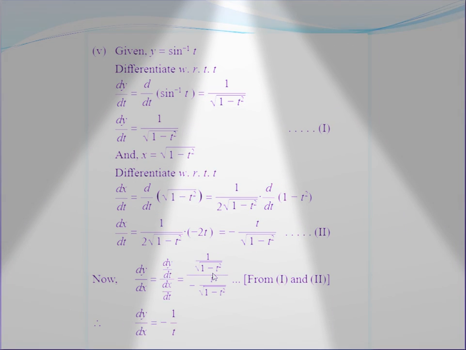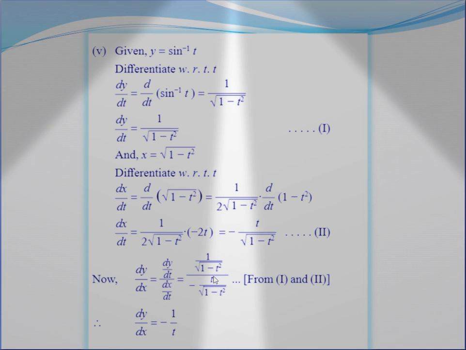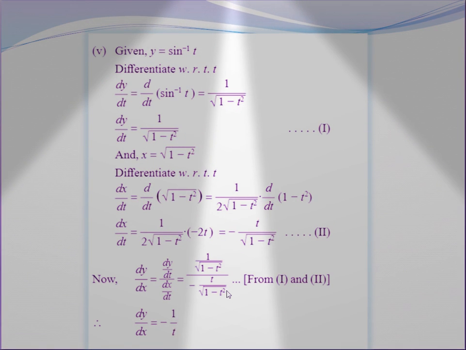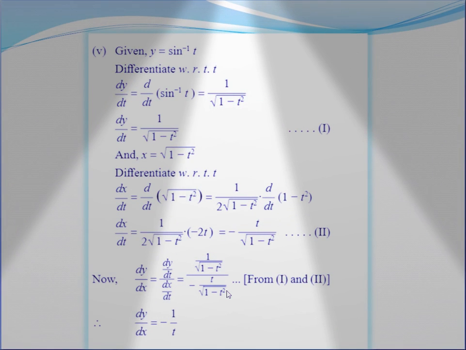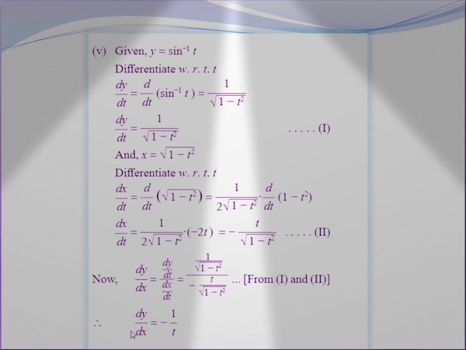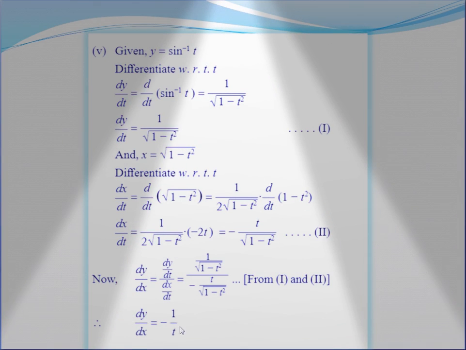Now taking the reciprocal of the denominator term, we get 1 upon under root 1 minus t square into minus under root 1 minus t square upon t. Therefore the under root 1 minus t square cancels out. Remains only dy upon dx is equal to minus 1 upon t. This is the answer for example number 5. dy upon dx is equal to minus 1 upon t.